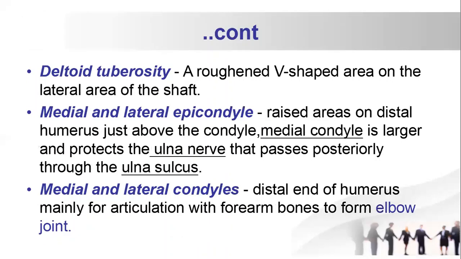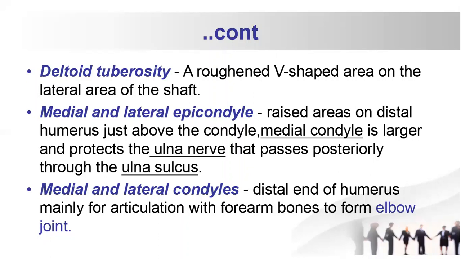We have the deltoid tuberosity, and this is a roughened V-shaped area on the lateral area of the shaft. Mark that the area is lateral and not medial. It's roughened, whereby the deltoid muscle attaches right there. We also have medial and lateral epicondyles.